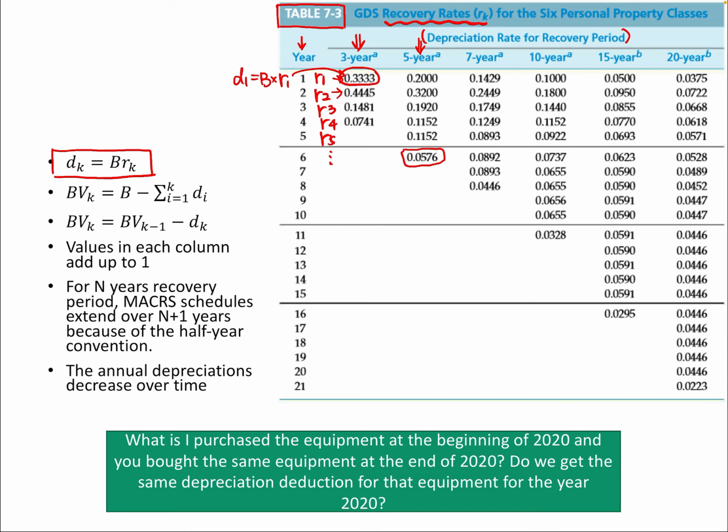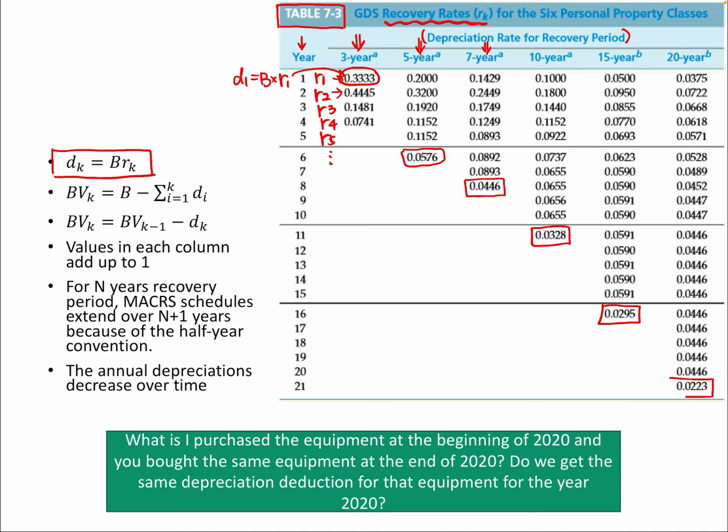Because by the definition of a 5-year depreciation period, the asset can only be depreciated for 5 years. Then what happened to the 6th year? And the same thing, under the 7-year column, you will have an R8. So for every column, you will have one more R, one more than the recovery period.